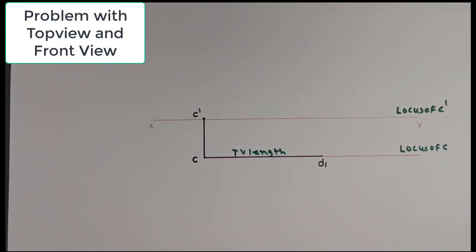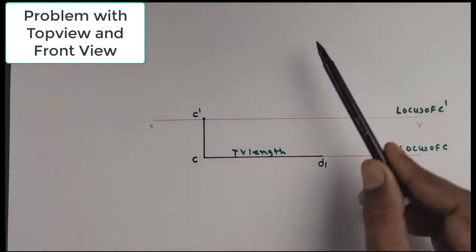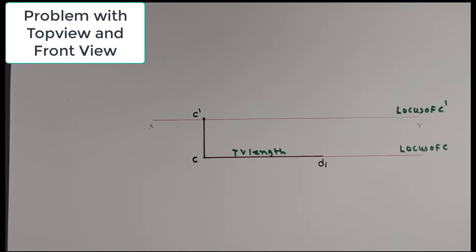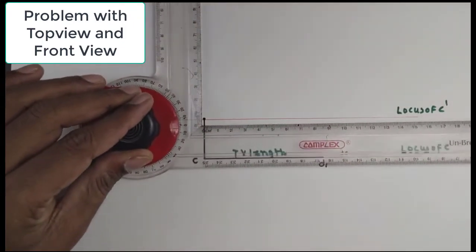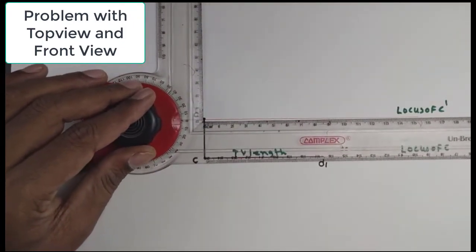So what is the elevation of CD1? C dash D1 dash, line inclined to HP. Similarly, the front view length is given as 73 mm.